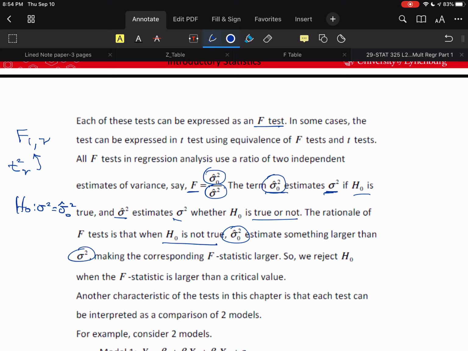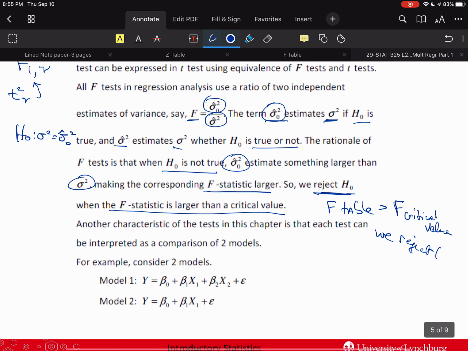It includes something more than the actual variance. And it makes the corresponding F statistic larger. So we reject H naught, which means that we should include that variable in the model, or that model is significant in predicting y. Okay. And so we reject H naught when the F statistic from the table is greater than the F critical value, we reject H naught.